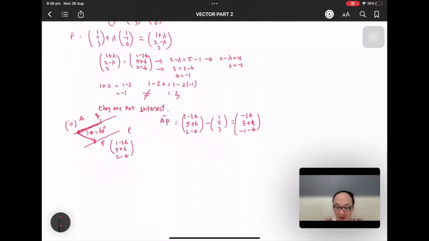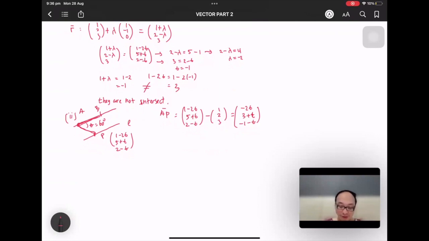So we will have AP dot AB over magnitude AP and magnitude AB should equal cos theta.